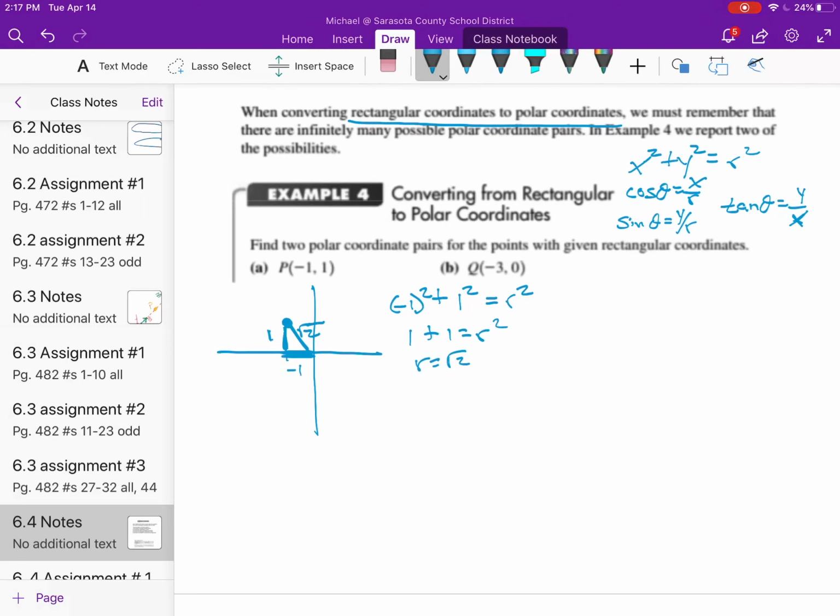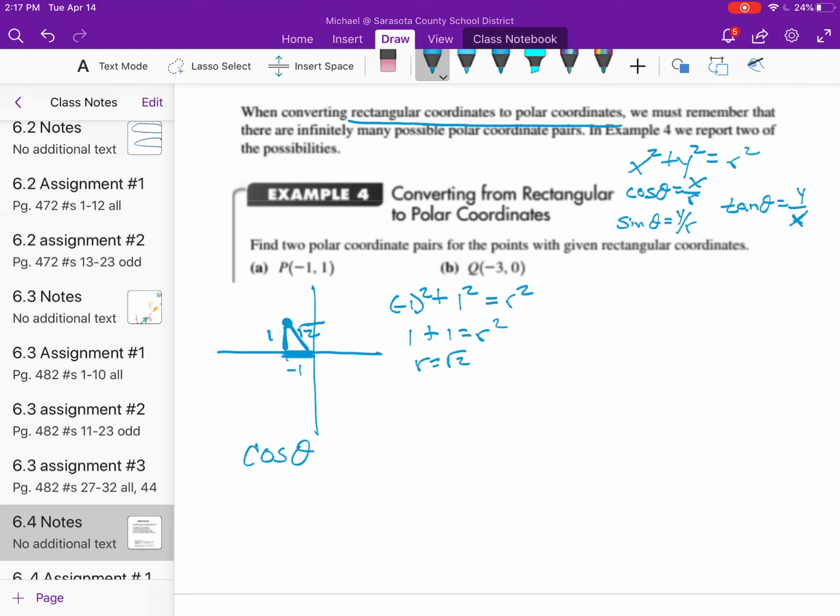I'm going to utilize the cosine, because with cosine you don't have to worry about adding pi or 2 pi to it, since the restricted domain for cosine inverse is from 0 to pi. So we take care of all of that by using cosine.